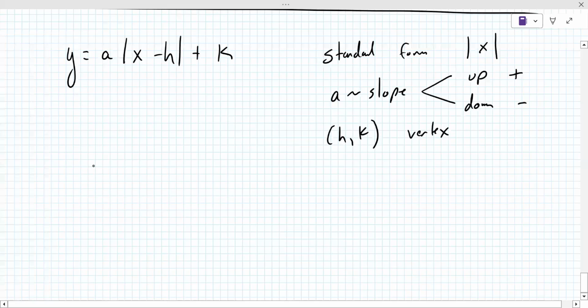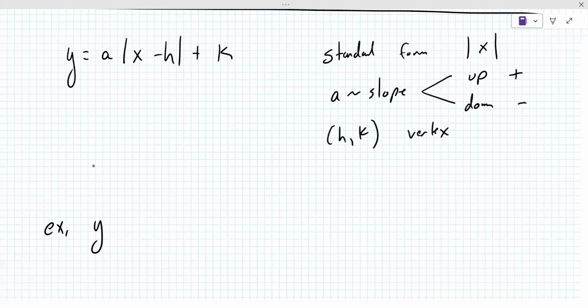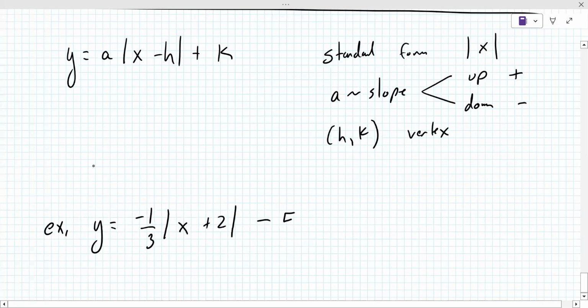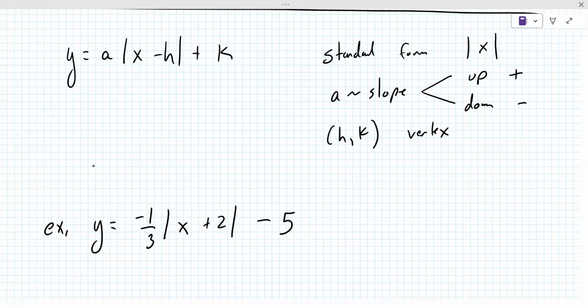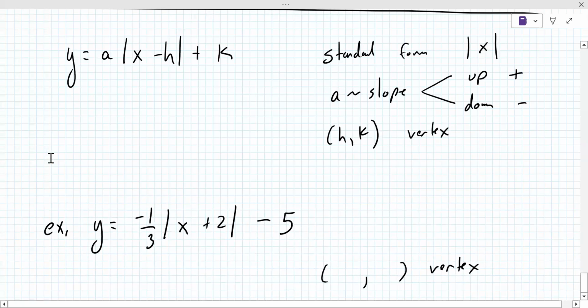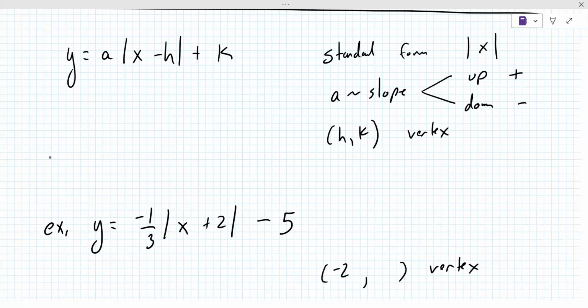Great. So let's look at an example here. y equals negative 1/3 |x + 2| minus 5. Can you give me the vertex, please, for this? Would it be negative 2 and negative 5?